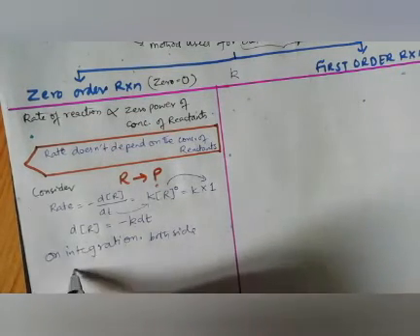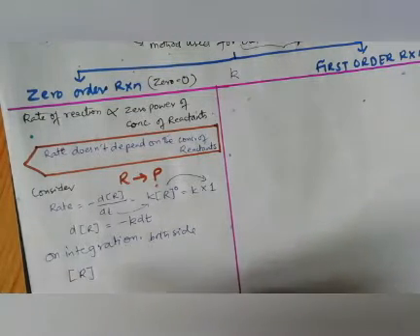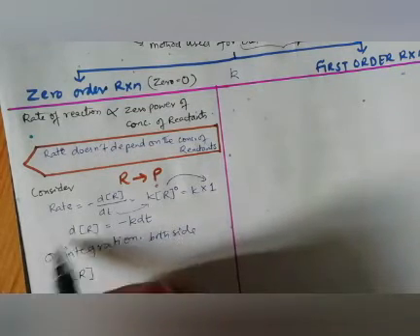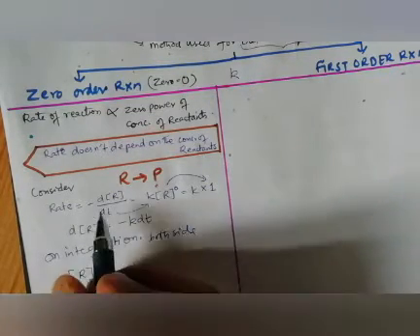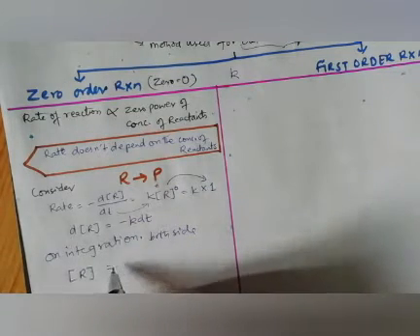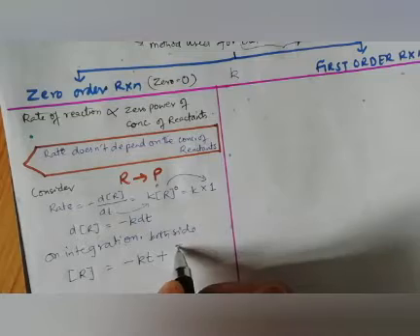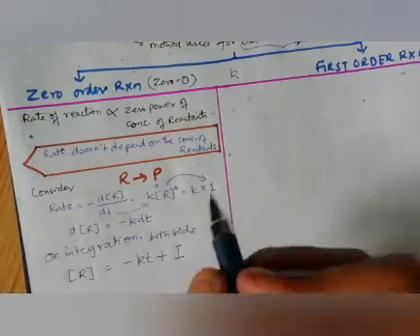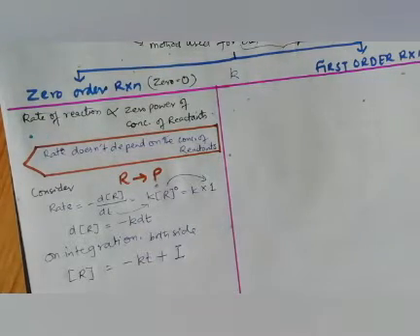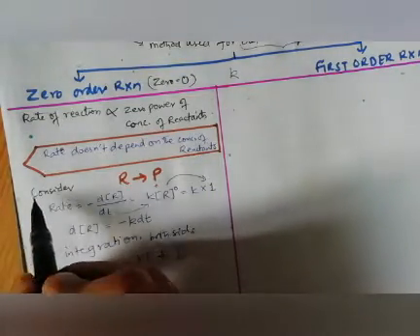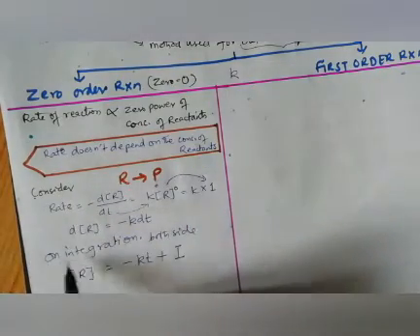What value are we getting? Now d changes into integration. When we integrate, we remove d, so it becomes R is equal to minus kt plus I. Dear students, you need to understand this properly.